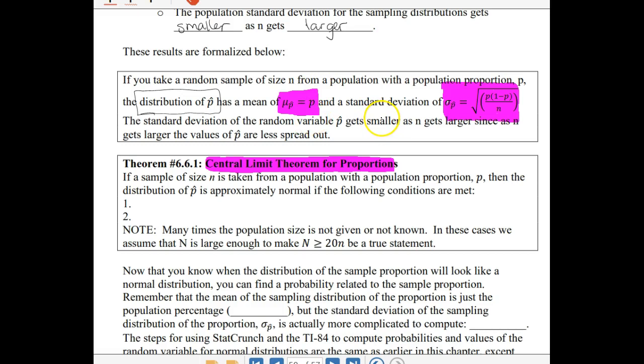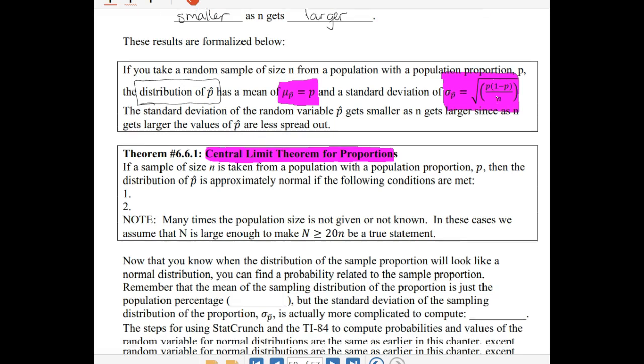The standard deviation formula is a bit more complicated: we take the square root of p times 1 minus p divided by n. We need to be careful when we type this on the calculator that it's taking the square root of this entire quantity. The standard deviation of p-hat gets smaller as n gets larger, since as n gets larger the values of p-hat are less spread out.